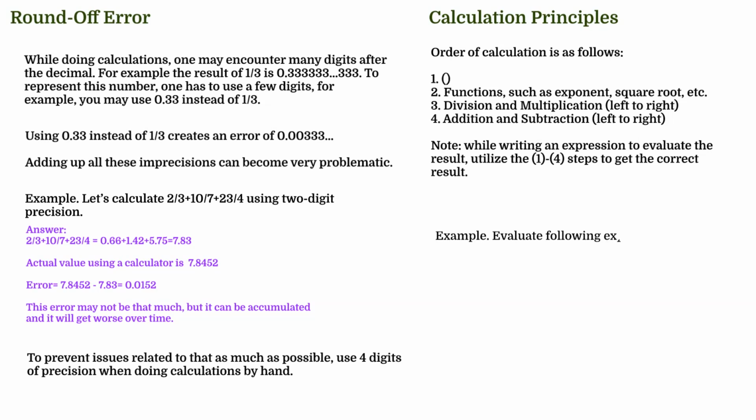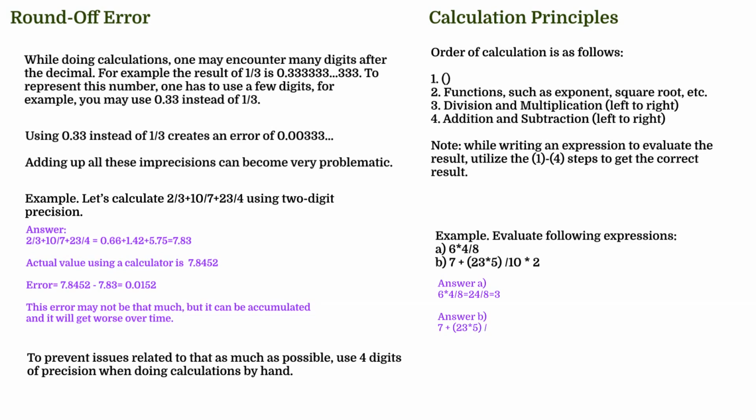Here's an example. Evaluate the following expressions. A, 6 times 4 divided by 8. B, 7 plus (23 times 5 minus 115) divided by 10 times 2. Here's the answer. For part A, it is 6 times 4 divided by 8, 24 divided by 8, which is 3.